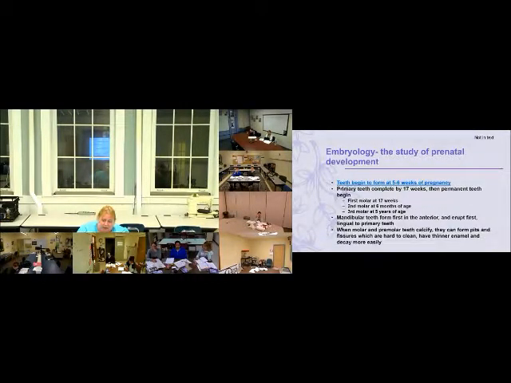First, we're going to look at how teeth form. And this is embryology, and I am hoping that this will allow us to watch it.